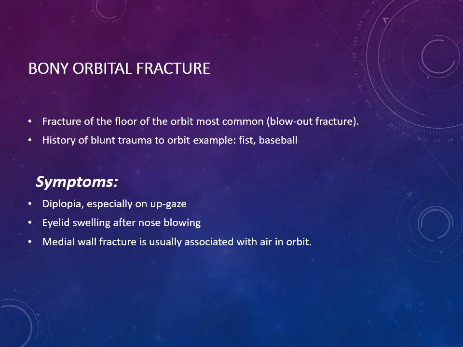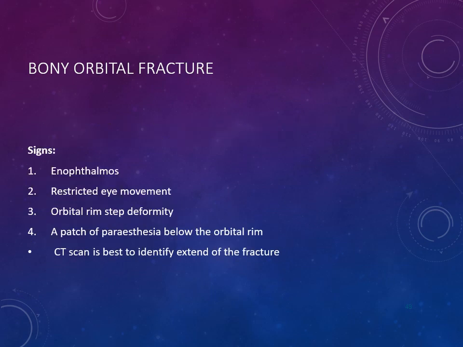Patients with blowout fractures will complain of diplopia, especially in the up gaze, especially if the floor is involved. They can have eyelid swelling after nose blowing, and there might be crepitus of air within the orbit because of the leakage of air from the nasal sinuses into the orbital space, especially in medial wall fracture.